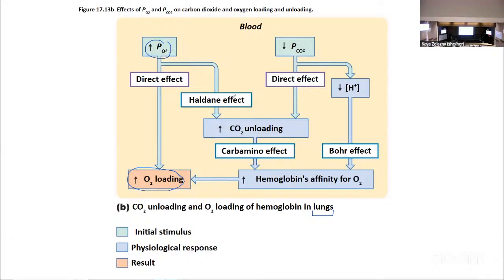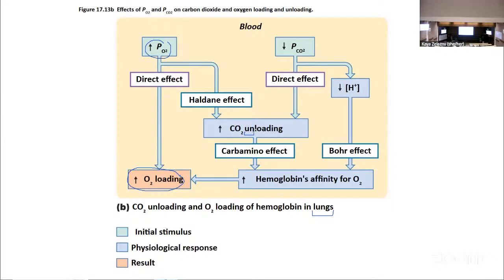At the same time, we have this Haldane effect, which is about how oxygen affects how we carry carbon dioxide. In this case, more oxygen means less carbon dioxide, which means more carbon dioxide unloading.